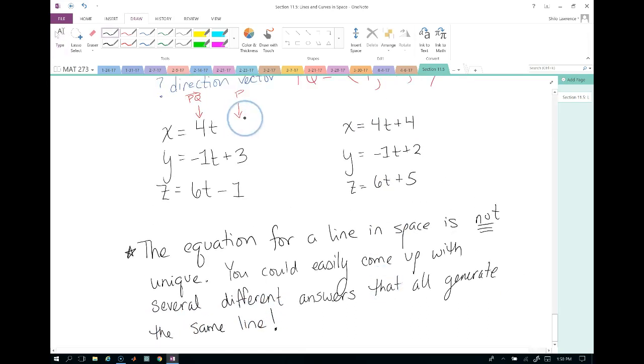So I'm going to circle this first set as my answer, just because I had complete free will on how I worked this problem, but there are many other correct answers.